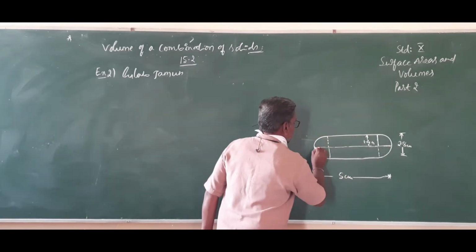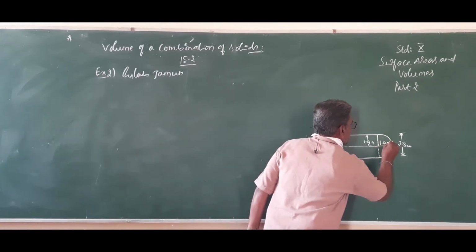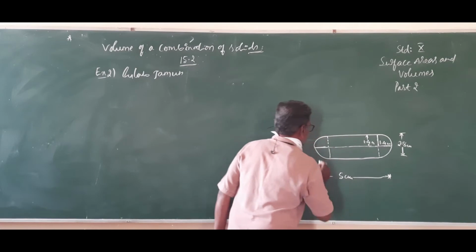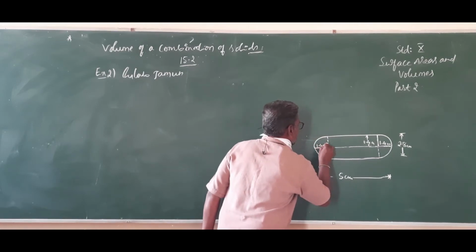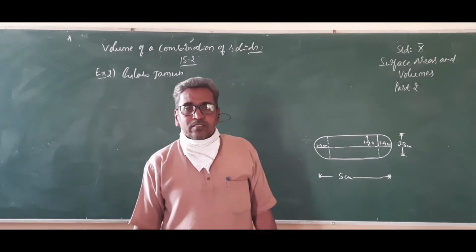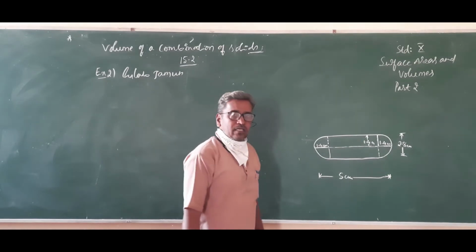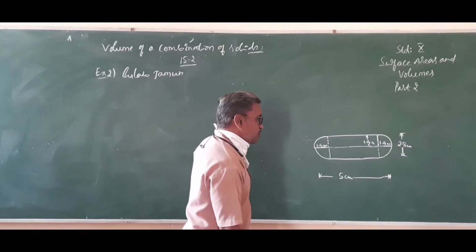Here also 1.4 centimeter. This is the radius. Understand? Diameter is given as 2.8 centimeter, so radius is half of that, equal to 1.4 centimeter.